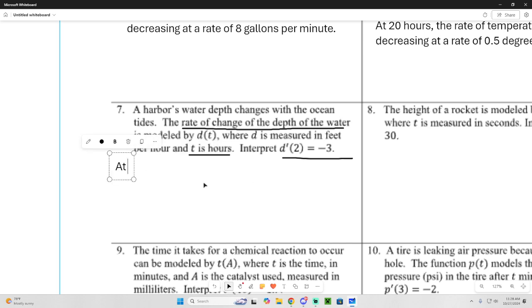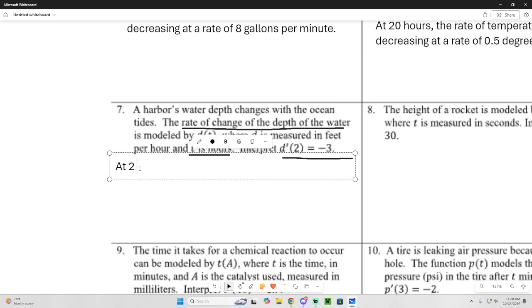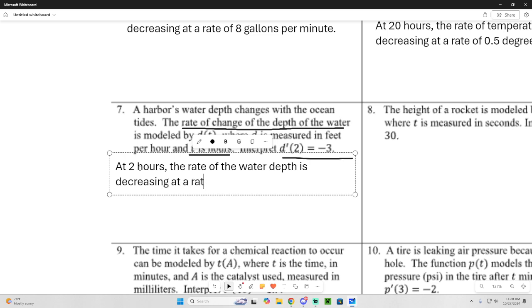So we can say at 2 hours, the rate of the water depth is decreasing at a rate of 3 feet. And remember, we're looking at the rate of change of a rate of change, so we have to say per hour squared.